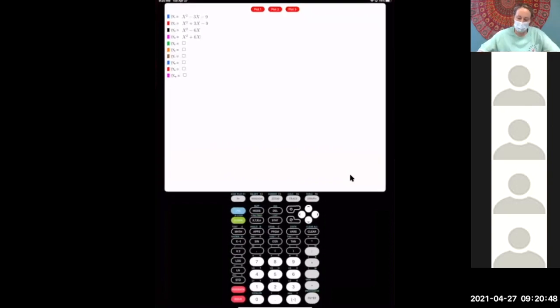We're going to go to y equals and clear everything out. Your calculator is a huge tool, you guys. So we got 24x squared minus 22x plus 5. And then we've got 12x plus 5, 2x plus 1.